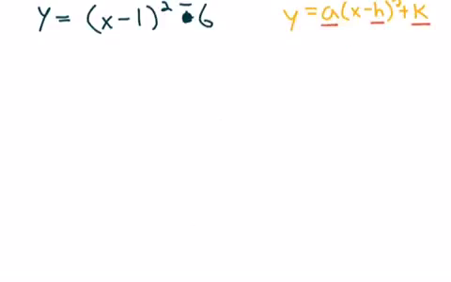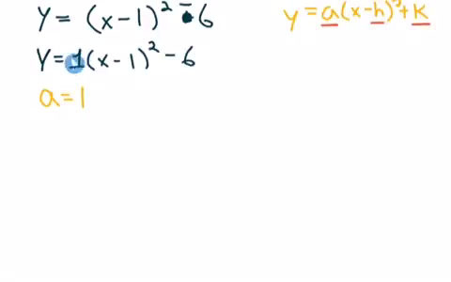So A here is the number in front of this expression that's in parentheses that's being squared. So I'll look at my expression. What number do I have out here? So even though it's not written explicitly, we know that there is a 1 out there. Okay, there's a 1 out there in front of these parentheses. So we would say that A, in our case, A is equal to 1.